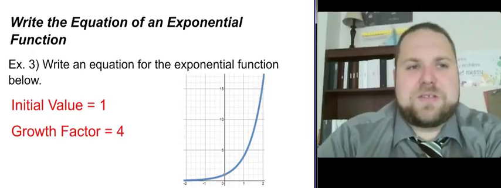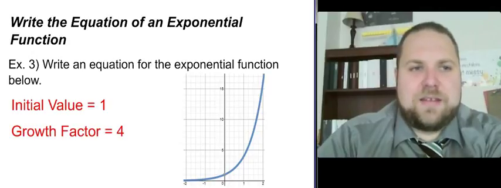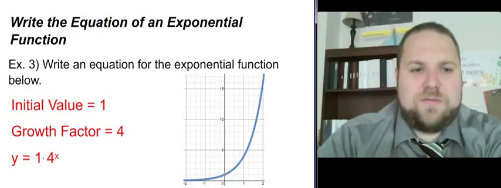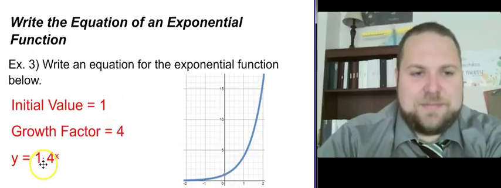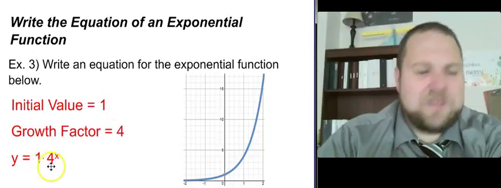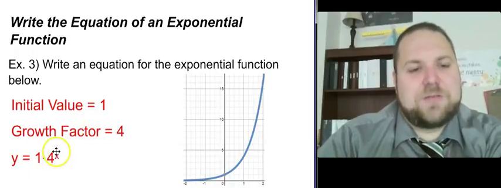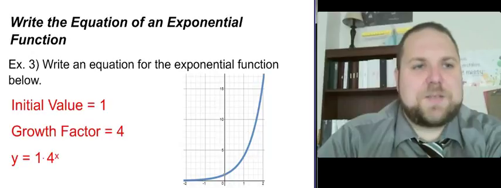Now that I know those, I can just substitute them in to find the equation. y equals 1 times 4 to the x power. So again, that 1 is my initial value, times, there's the little dot there for times, my growth factor raised to the x power. So y equals 1 times 4 to the x.